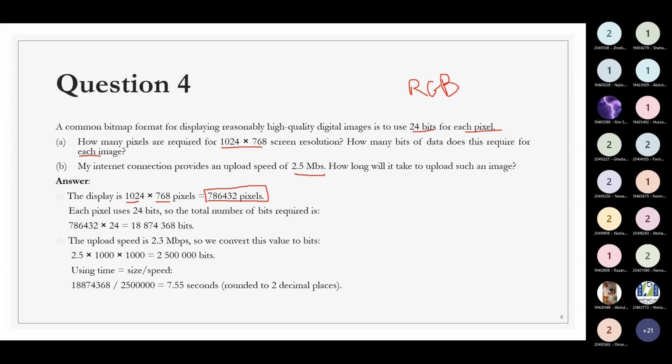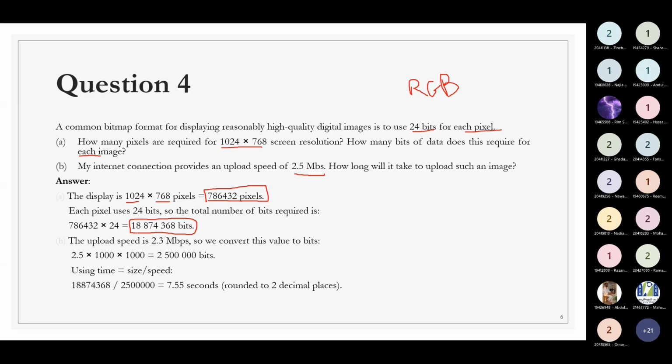Now the upload speed is 2.5 megabit per second. So we convert this value to bits. It will be equal to 2.5 multiplied by 10 power 6, the mega being 10 power 6. So this is bits per second.